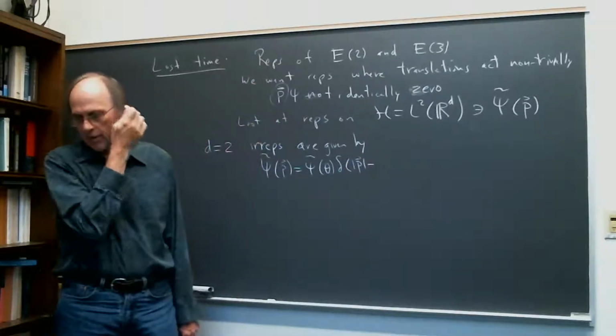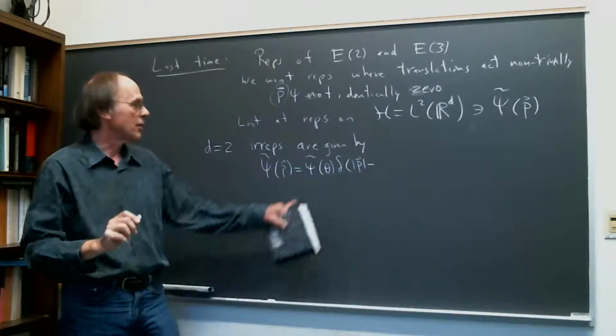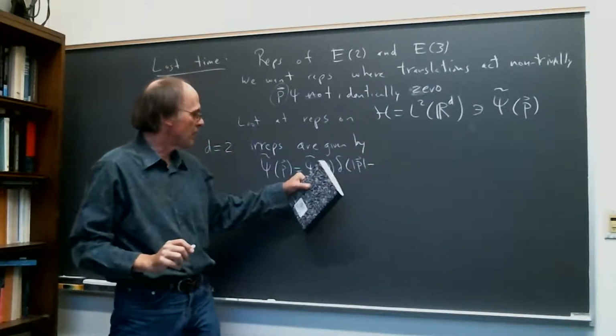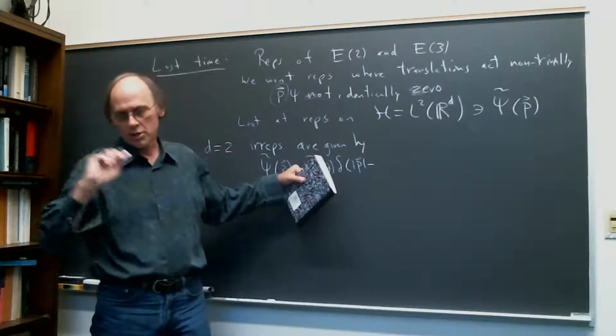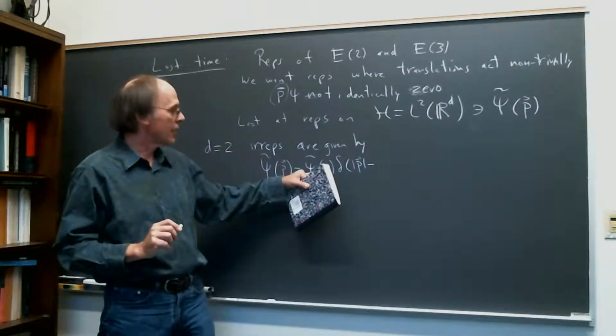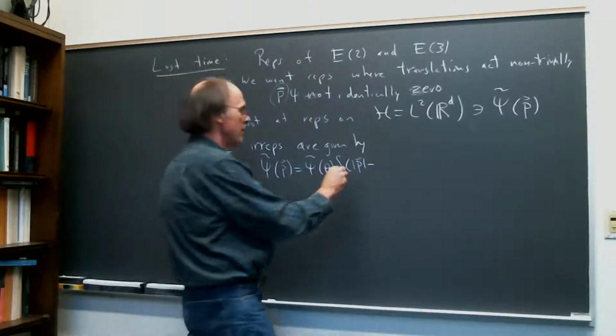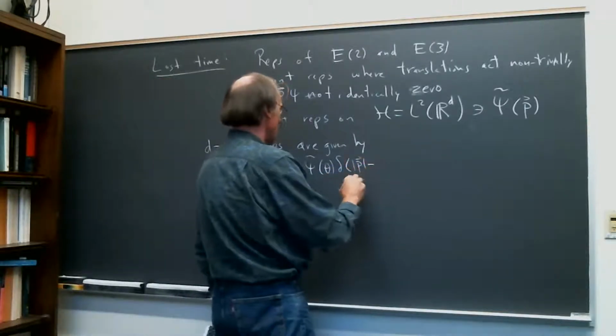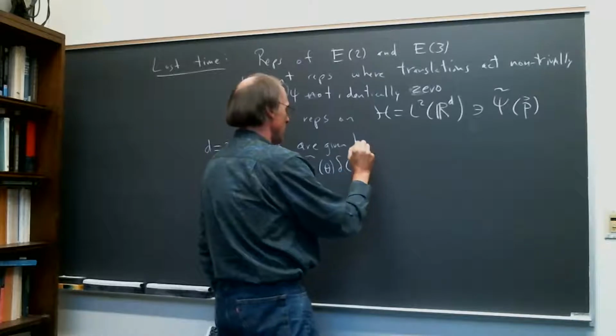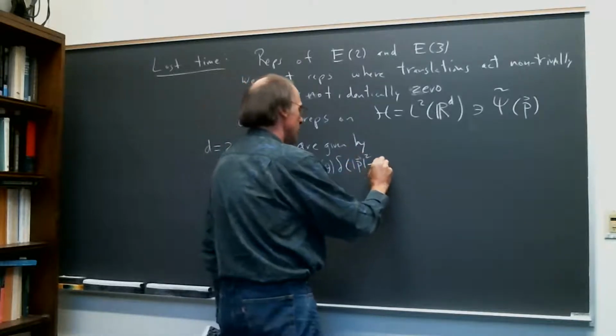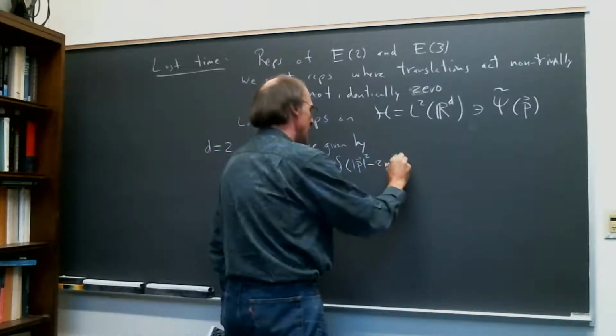To give it a physical significance, you can think of these as being solutions to the equation for a free particle of mass m. Then you would say that p squared is equal to 2mE.